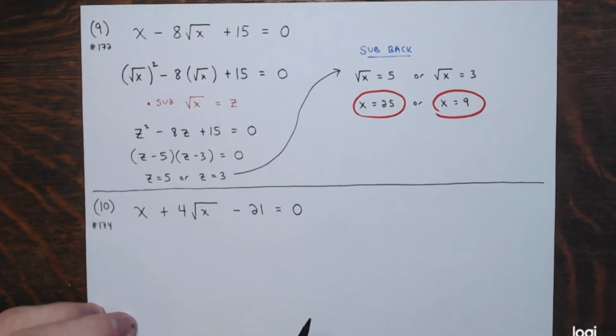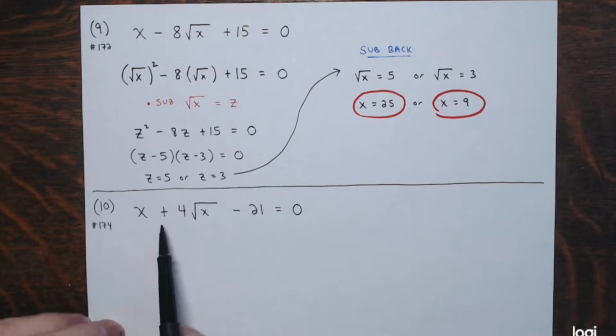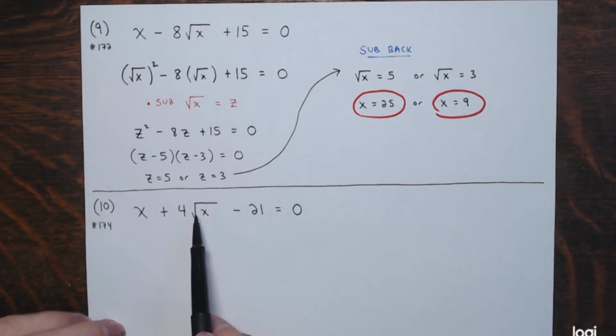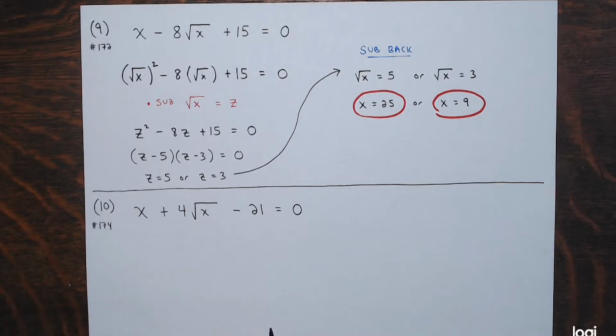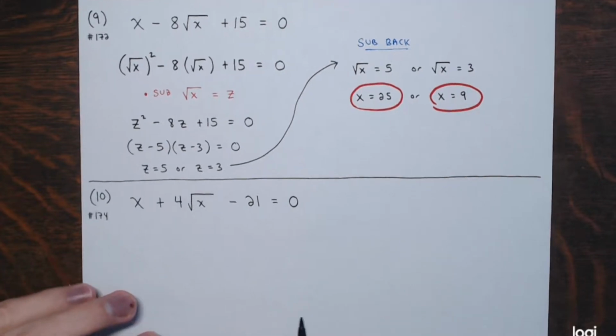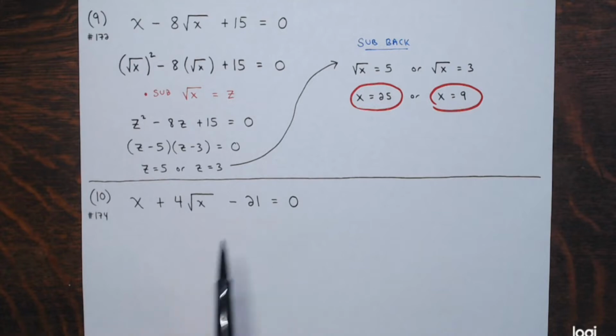So the next question is very similar. Again, we have something that's a radical equation. Now you could solve this by getting the radical term on its own side, squaring both sides, solving the resulting equation, then checking your solutions. But hopefully you can recognize this as something that's in quadratic form.